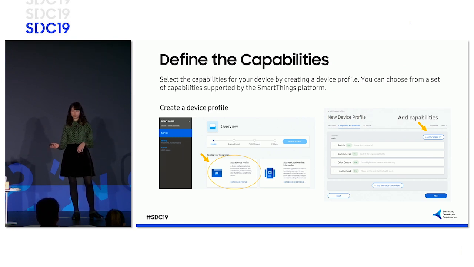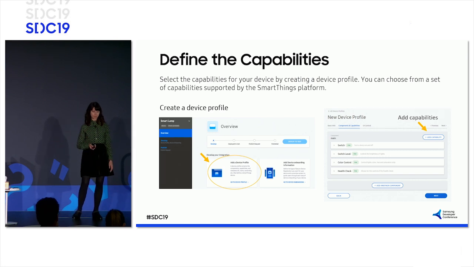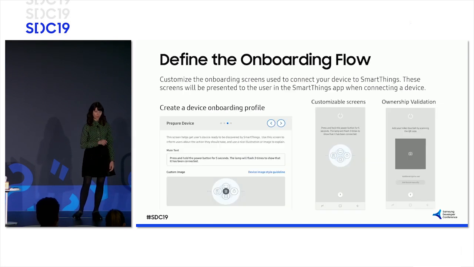At any point during your development process, you can come back to the developer workspace and make edits to your device profile whenever necessary. Same with the onboarding flow. The onboarding flow is, like I said earlier, the screens that a user is going to see as they're connecting their device in the SmartThings app for the first time. Depending on how your device is going to connect to SmartThings, because they all work a little differently, you will be able to customize the screens that make sense for you.